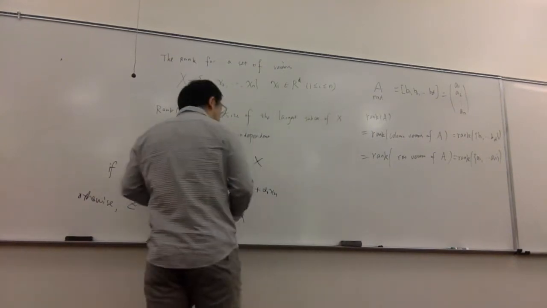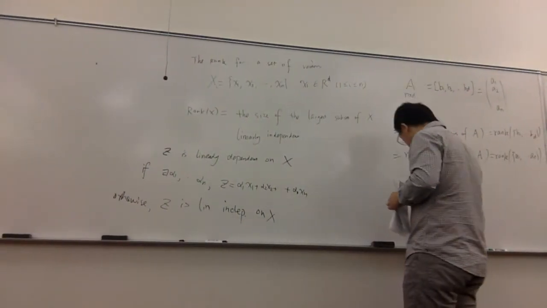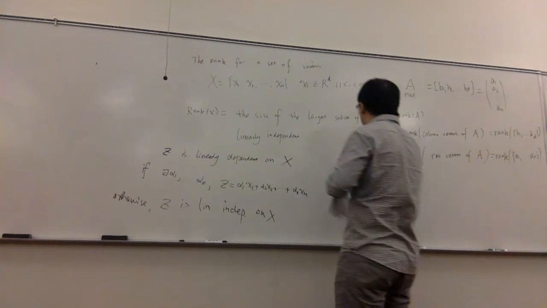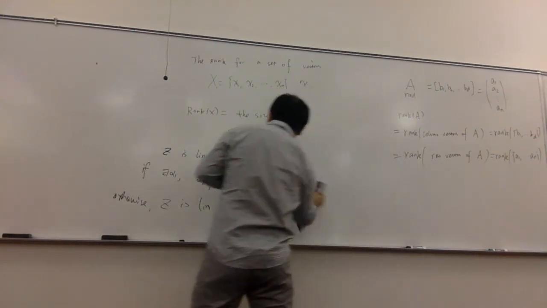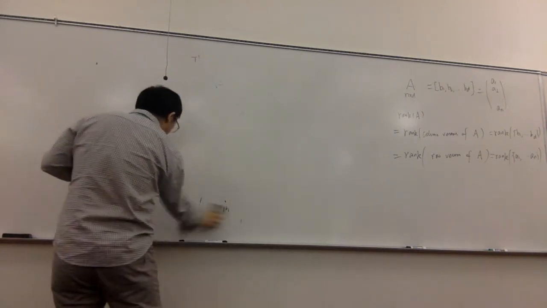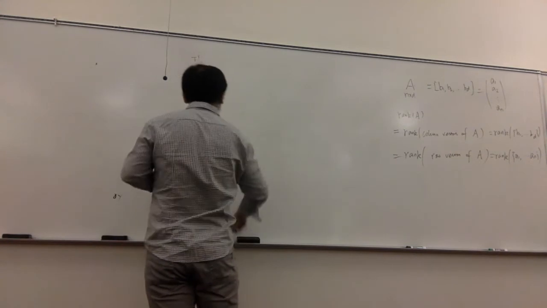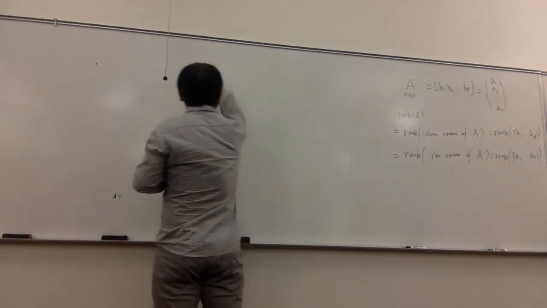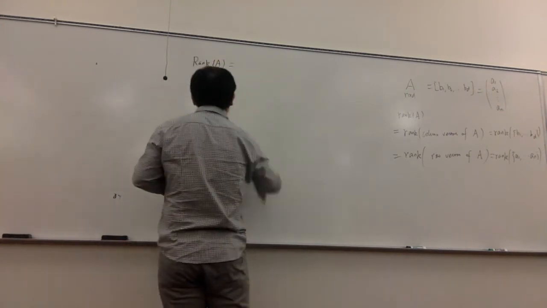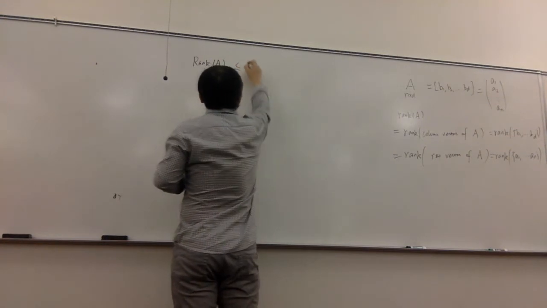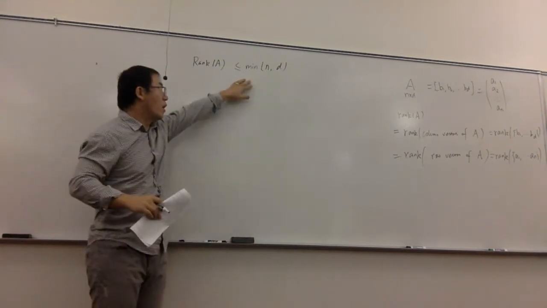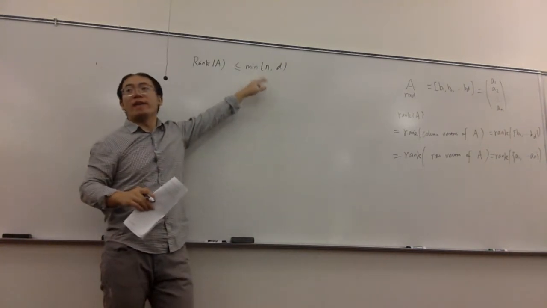And regarding rank, another matrix. Regarding the properties of the matrix rank, another important property you should keep in mind is that the rank of the matrix A must be less than or equal to the minimum of n and d. n is the row number and d is the column number.